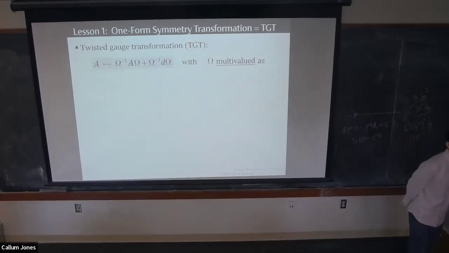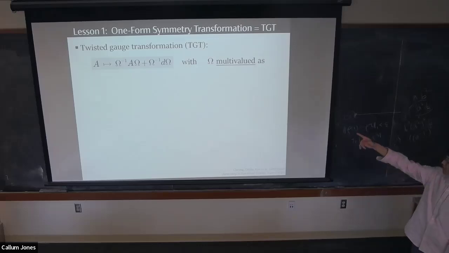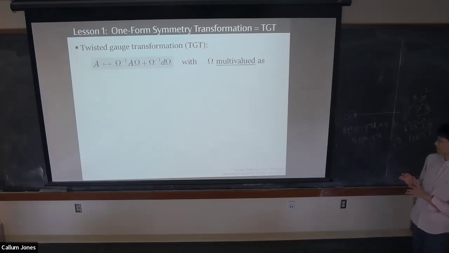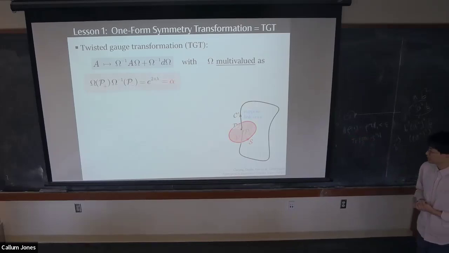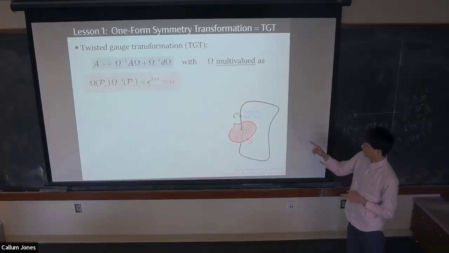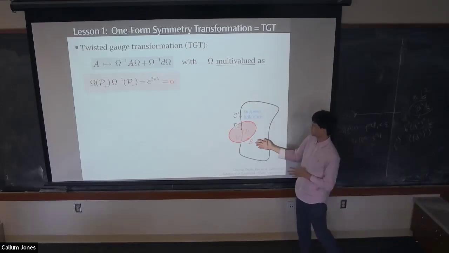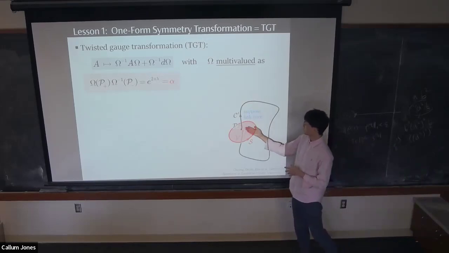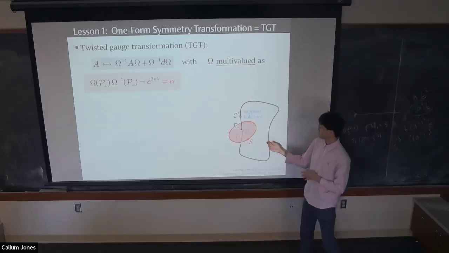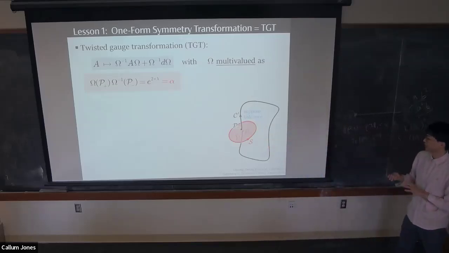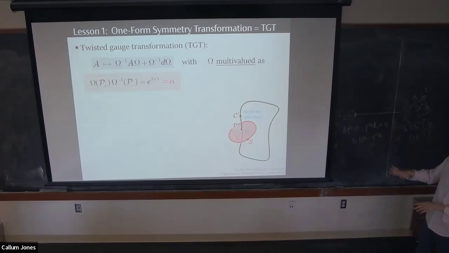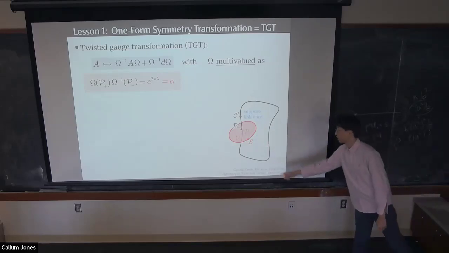The twisted gauge transformation, or TGT, is given by precisely the form of the gauge transformation, but with the gauge parameter omega being multi-valued. The multi-valuedness is characterized by the center element, where the p plus and p minus are points that deviate from above and below with respect to some branch cut of the surface of the symmetry operator.